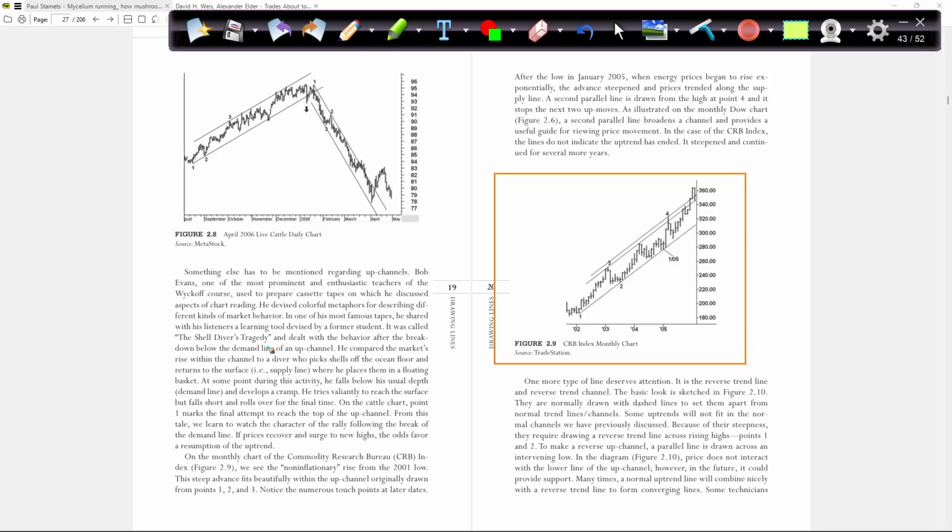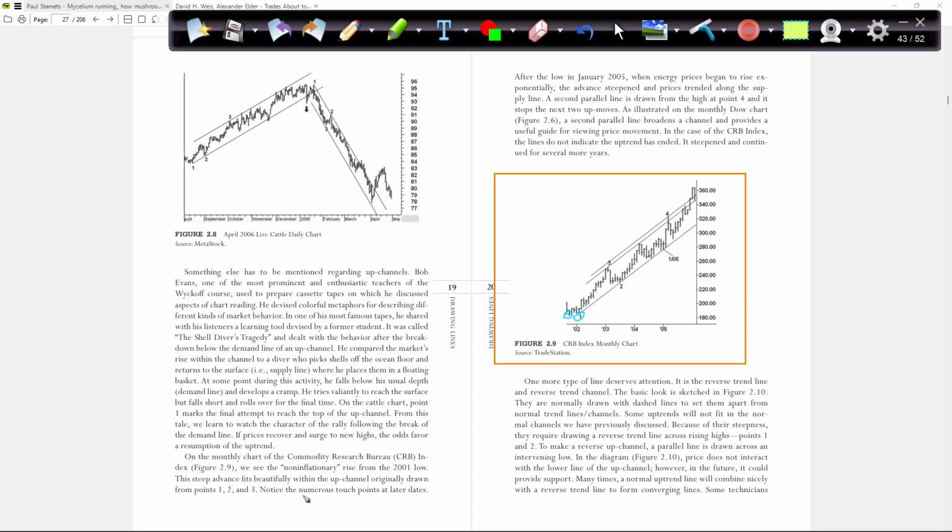Okay, now see the non-inflationary rise from the 2001 low. See this 2001 low. This steep advance fits beautifully within the up channel originally drawn from points 1, 2, 3.